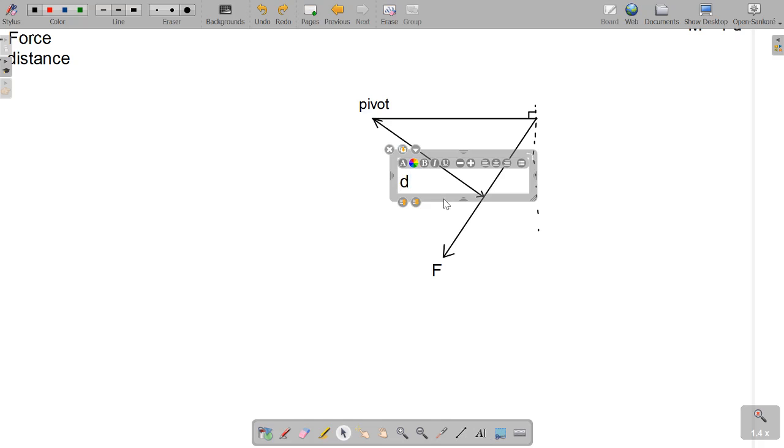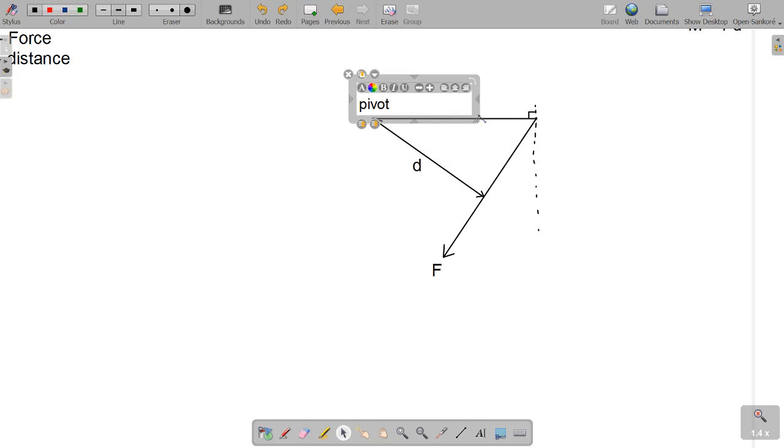In fact, for the proof, you actually need a bit of knowledge of rotational kinematics.